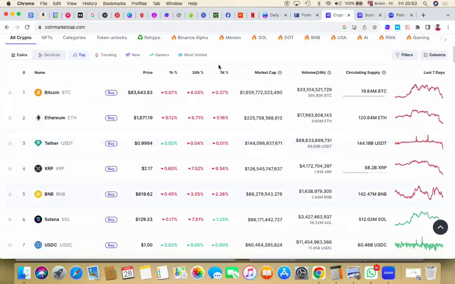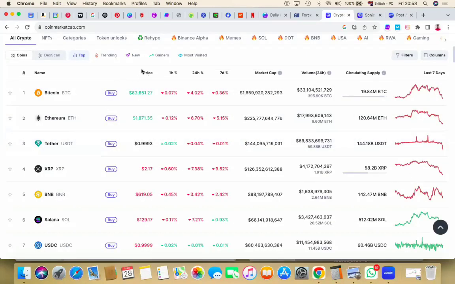Here I'll talk a little bit about what all these things are that we are seeing in our chart. Here we have the pair that we are talking about. Here is Bitcoin, right? And then we can see the price, the hourly percentage difference, and the 24 hours price difference in percentage.